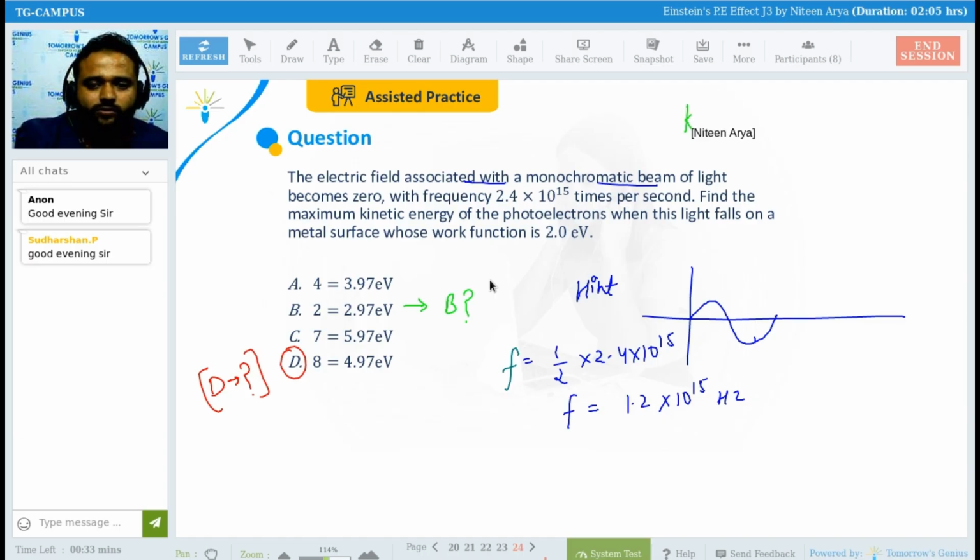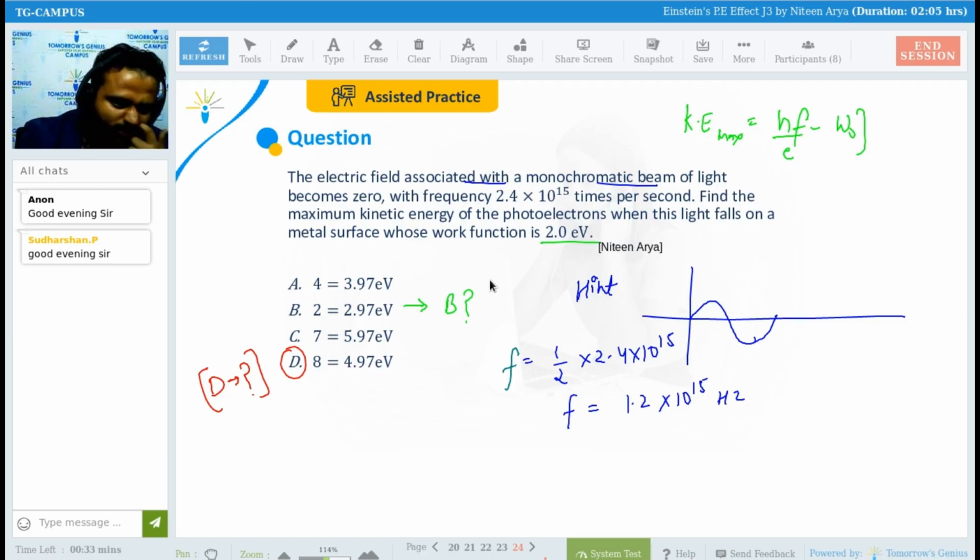Beta, you need to use this equation, and obviously not this one, precisely because it is given in eV, electron volt. So the exactly correct answer is B, not D. Got it, Vishwanath?